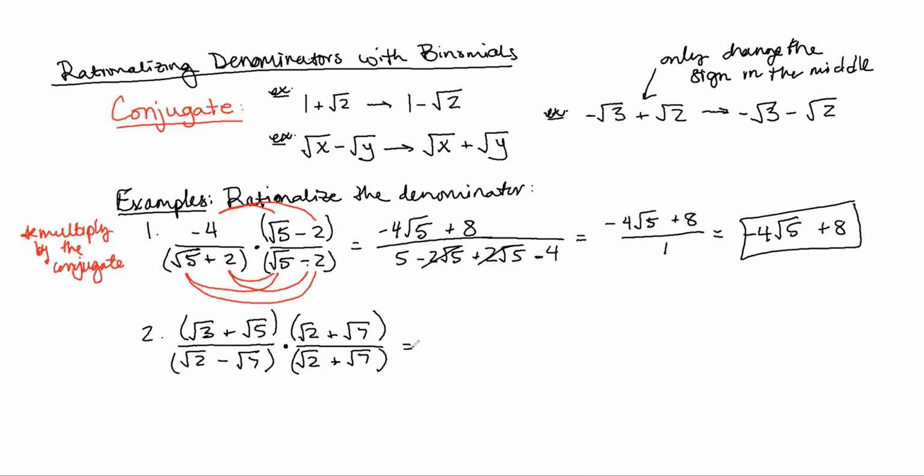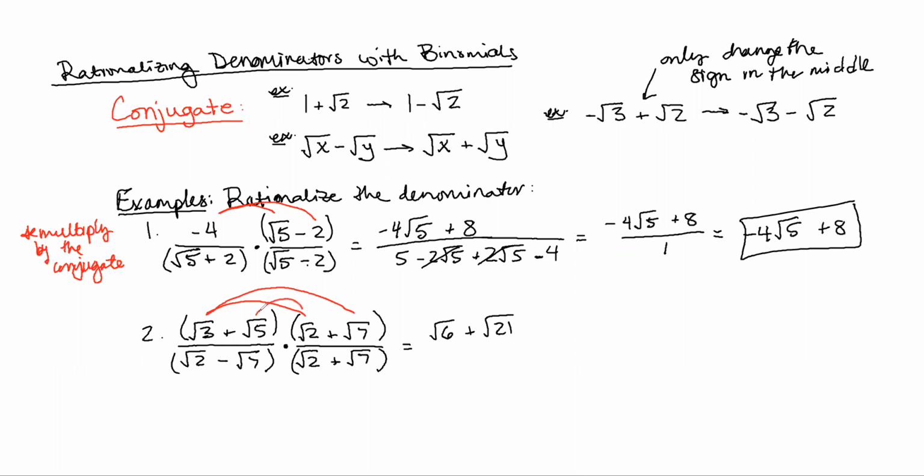Okay, so I threw in the parentheses around all of those. Let's go ahead and start FOILing. Let me erase these marks so I have room. All right, so we're going to have square root of 3 times the square root of 2. So that's the square root of 6. Then we have the square root of 3 times the square root of 7. That is a positive square root of 21.